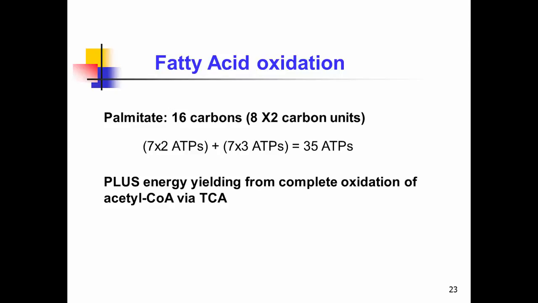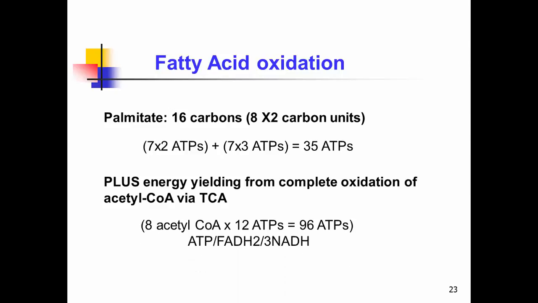And then all these 8 acetyl-CoAs will be further oxidized in the TCA cycles. So we need to add the ATP generated from the TCA cycles. Again, eventually we will have 8 acetyl-CoAs entering the TCA cycles, so the ATP number should be multiplied by 8, right?